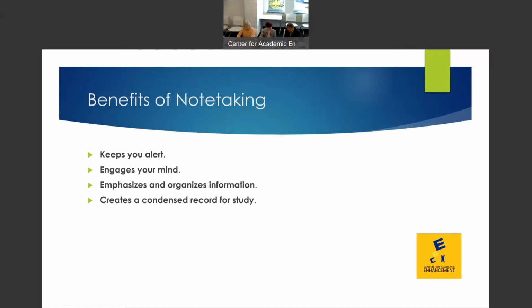And definitely, I can attest to this one, especially the first point that you raised about keeping a person alert. It does keep me alert. As a student, I notice the more senses I engage during a class, the easier it is for me to remember the whole class.